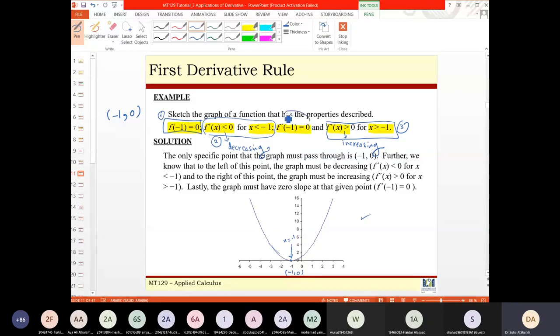Of course, f dash equal to zero is not telling me whether it is increasing or decreasing. It's telling me whether it is a minimum or maximum. As you can see, the point at -1 and 0, will this be a minimum? Yes, it's a minimum. So when f dash at a point is equal to 0, it may be a minimum point or it may be a maximum point.